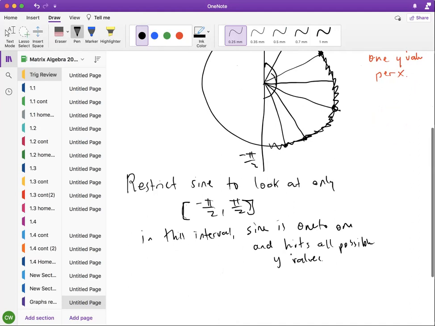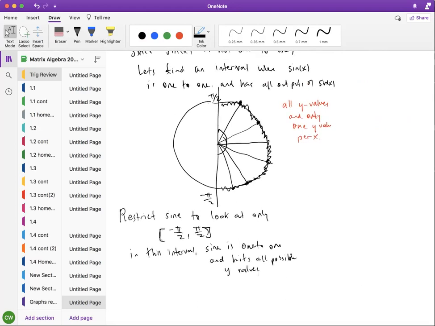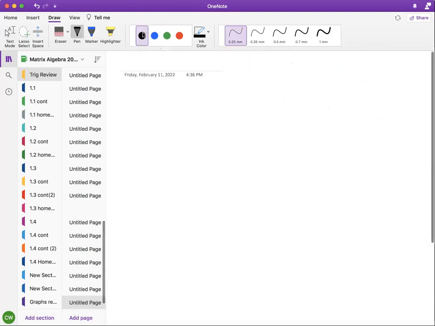Okay, so why is this nice? When we define the inverse of sine, we'll say let's only look at these as my outputs, and then when I talk about the inverse, I can give you the angle per output. So let's look at domain negative pi over 2 to pi over 2.